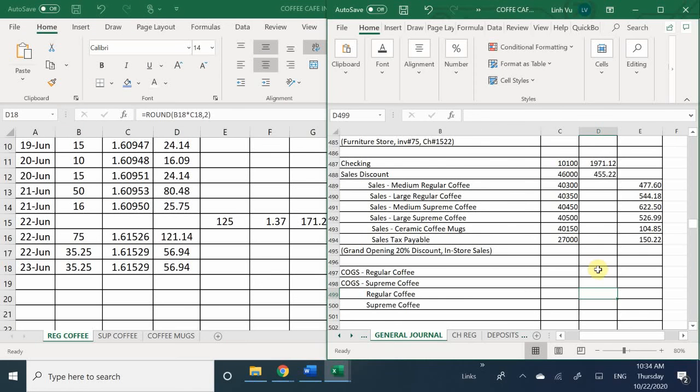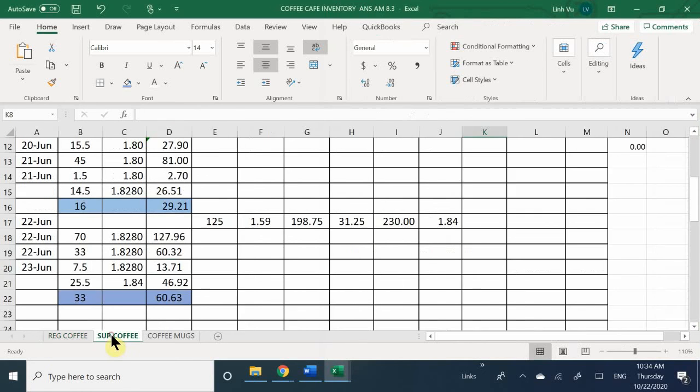It cost me 56.94, and I'm going to deduct that and update my inventory for that amount. And then for my supreme coffee, because I had it dip into 2 different batches, I added up the total, so I have a total of 33 pounds, and it cost me a total of 60.63.